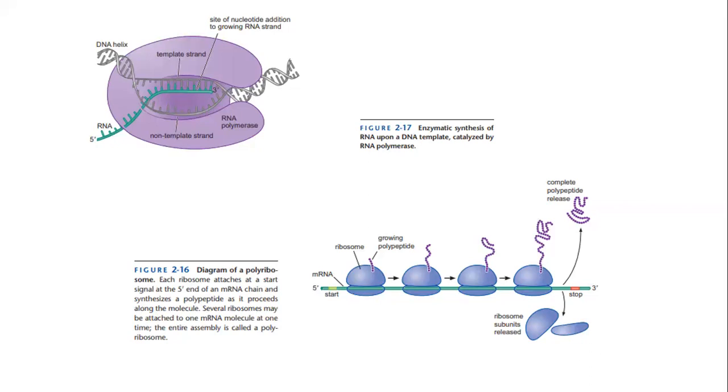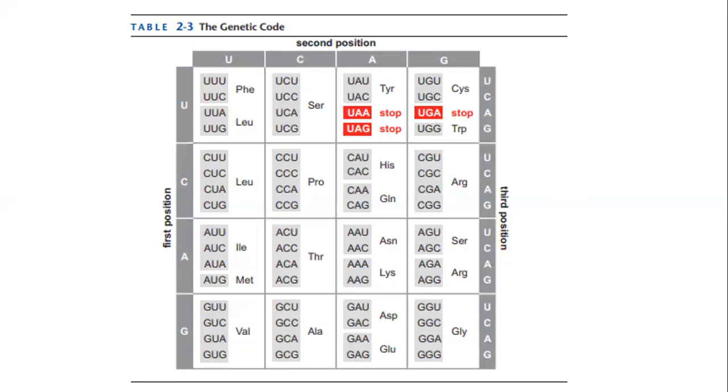The completion of the code in 1966 revealed that 61 out of 64 possible permutated groups corresponded to amino acids, with most amino acids being encoded by more than one nucleotide triplet.